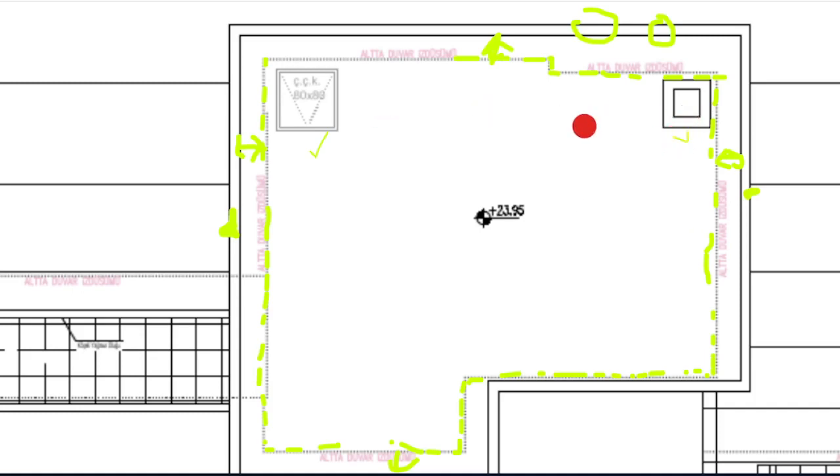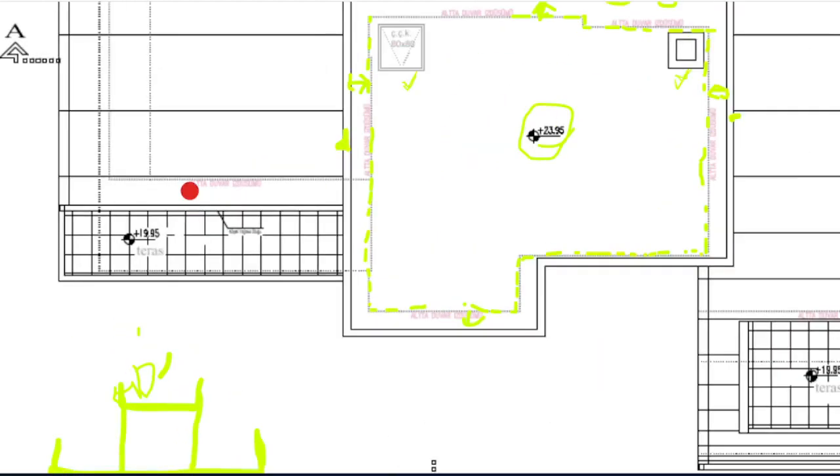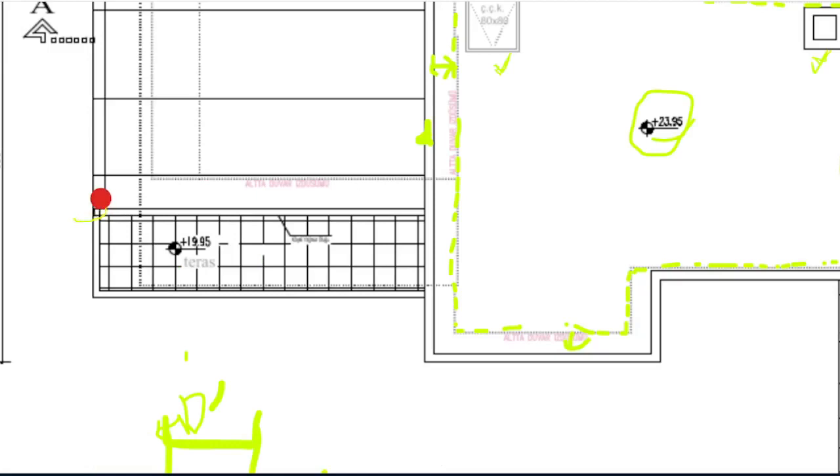So there might be two ladders starting from both sides, or if you want to keep this one as ladder, you can keep this one as ventilation, going directly to top. So this is important. You need to write the level differences there.